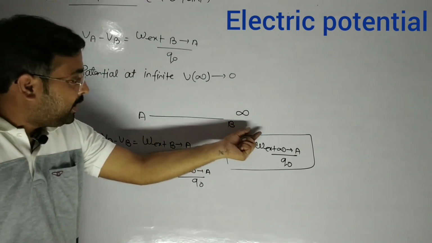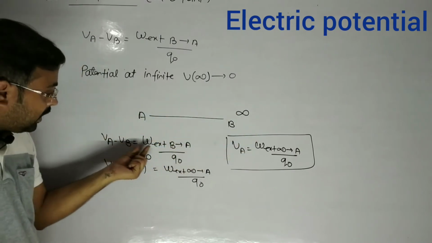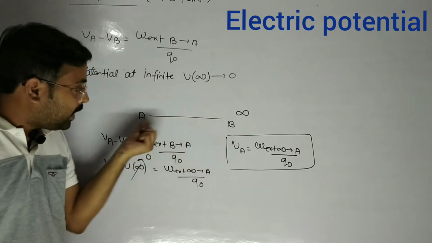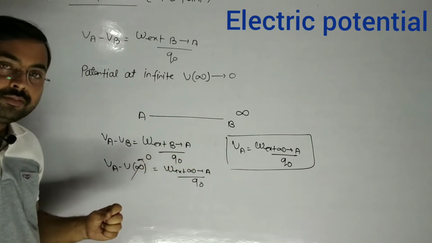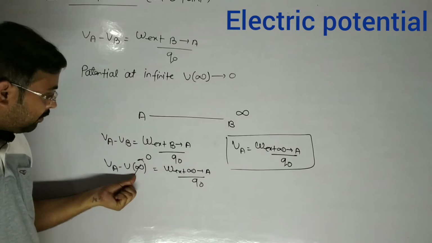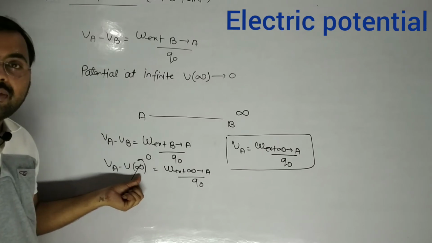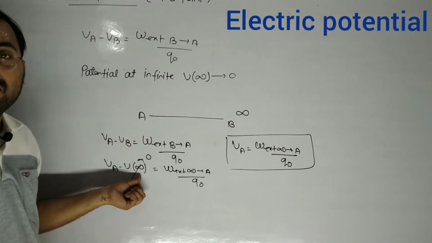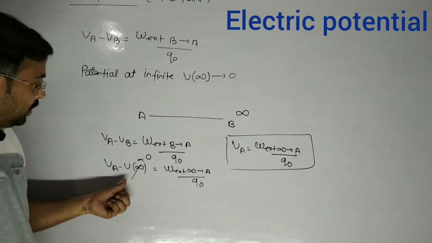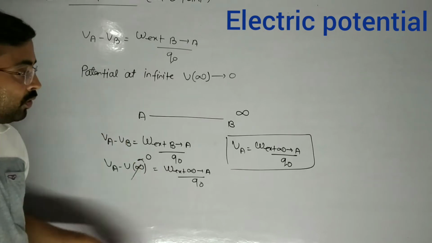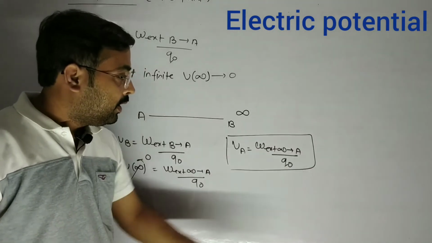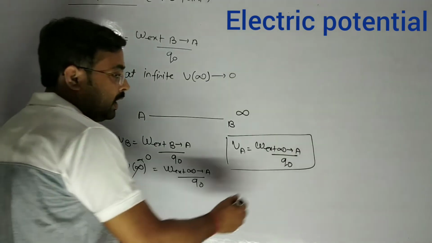So from B to A, VA minus VB equals W external B to A upon Q naught. VB, B is placed at infinity. The value of potential at infinity is 0, so this term is 0. So V equals W external infinity to A upon Q naught.